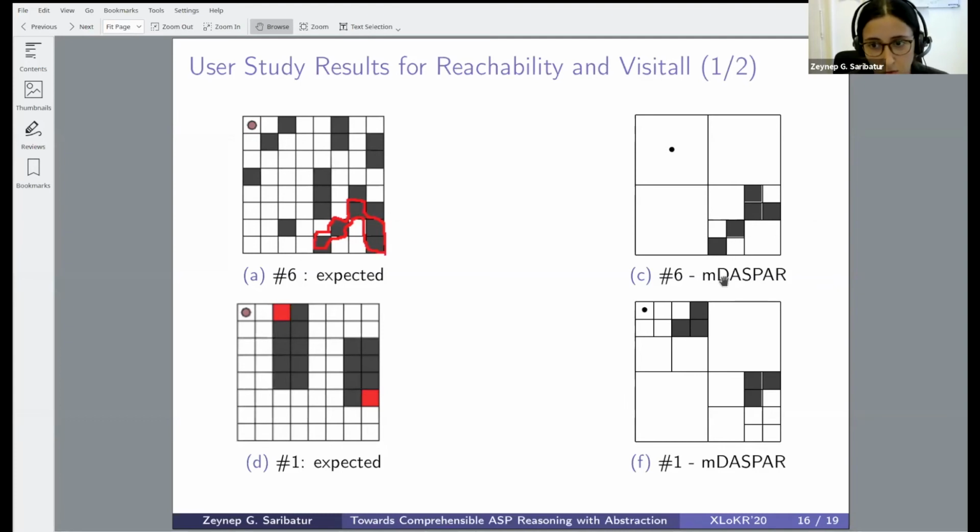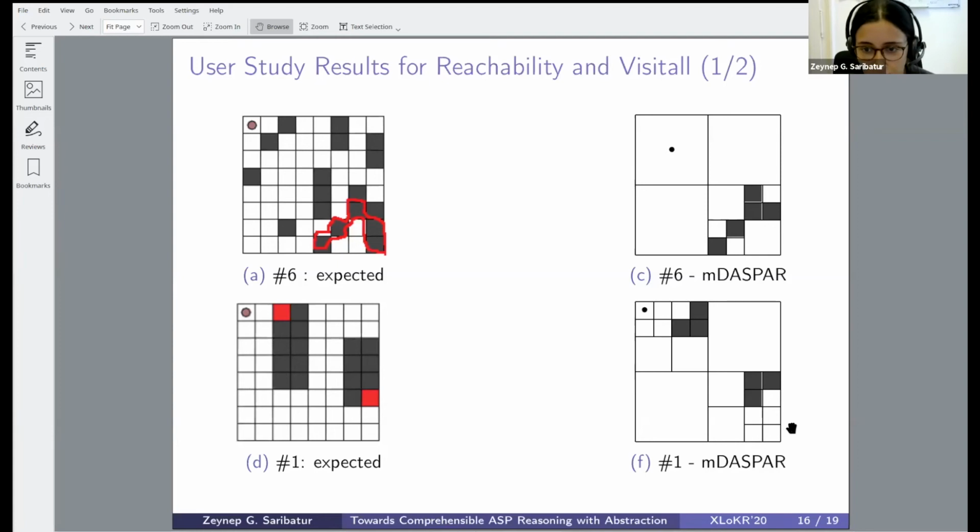And this was also found by the tool. For the Visitall two dead-end cells, we found that the tool was also able to zoom into that part to realize that it's unsolvable. But we also found that the tool had to zoom in a bit further, to see these parts to realize unsolvability.